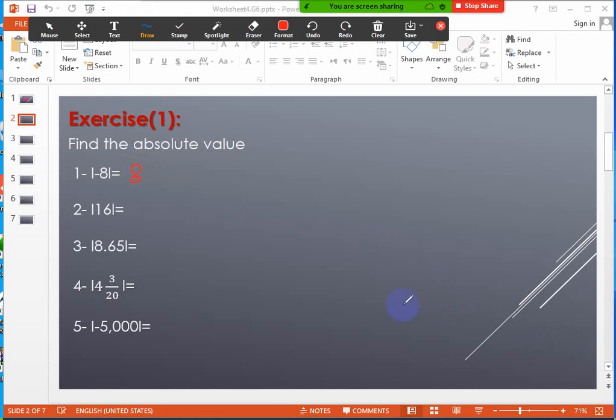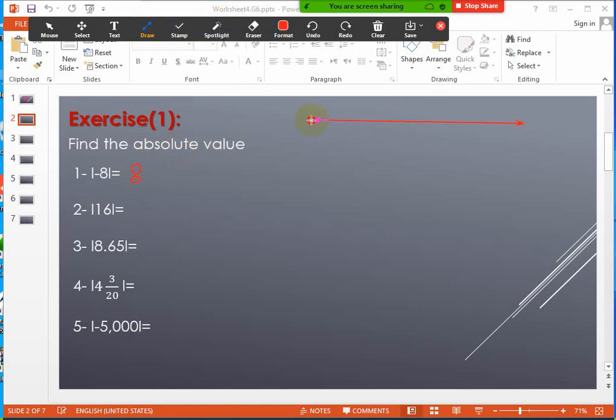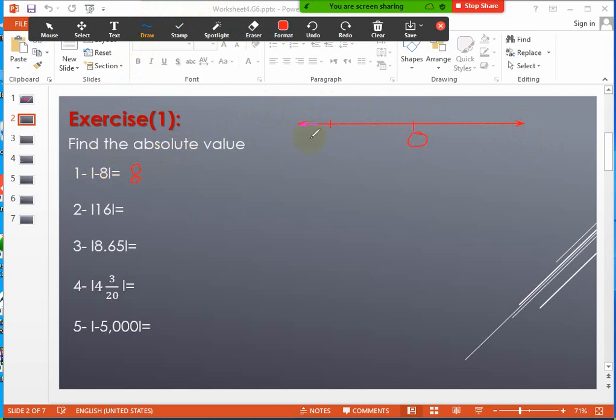So, girls, as I said before, the absolute value is the distance from the 0 point. Let's talk about it again to remember together. Like -8, this number will be on the left side of 0. This is 0 and this is -8. The absolute value is the distance between 0 and the point for the number.